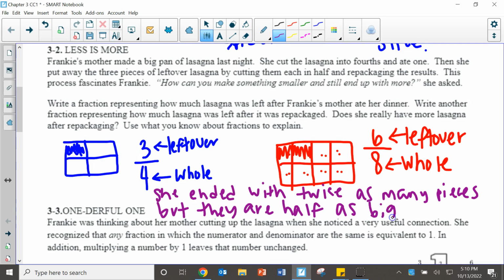So yeah, she ended up with double the amount of pieces from the 3 left over originally, but they're all much smaller pieces.